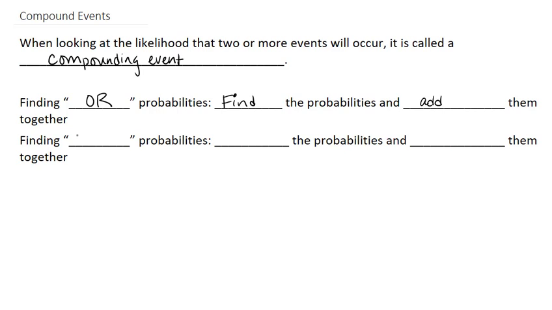And when we're finding AND probabilities, we find the probabilities and multiply them together. So let's go over an example.